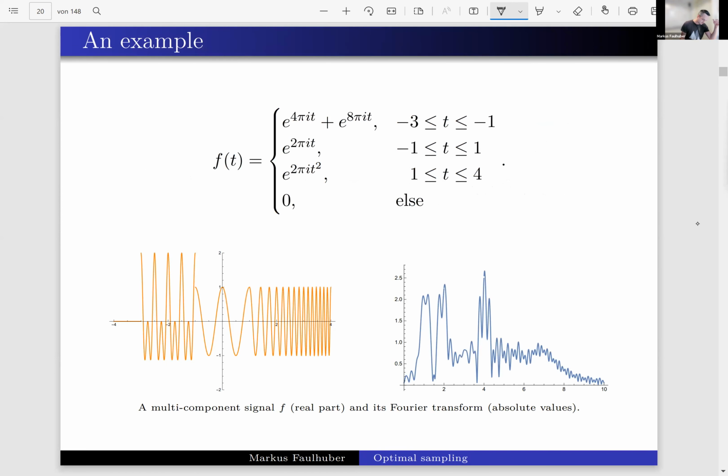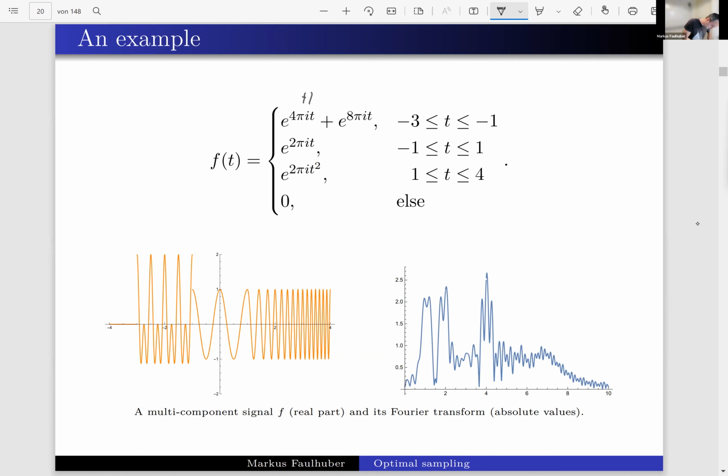Okay, and then this last example before we come to formulating the results. This is a so-called multi-component signal. What you can see here is a function which on a certain interval, like here, is a superposition of two plane waves, one with frequency 2 Hertz here, sorry, where's the 2?